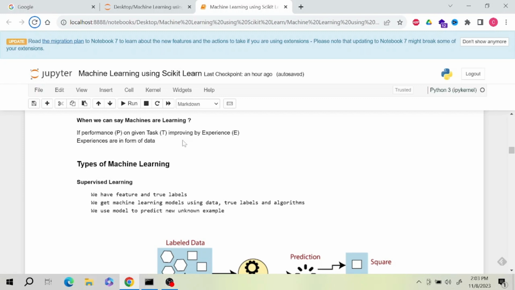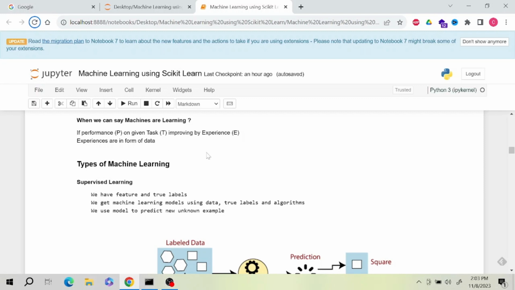Then the next question is, what is the experience? As humans we have sensory organs, so we get input and we pass that input to our brain. All the inputs that we get from the senses, whether from eyes, ears, and so on, that is the experience. But how can we provide such an experience to the machine? The answer is in the form of data.